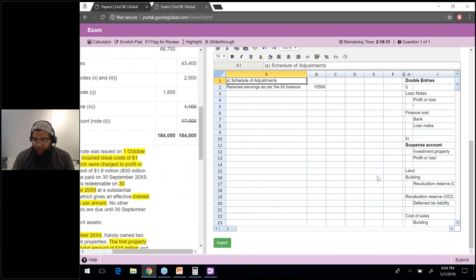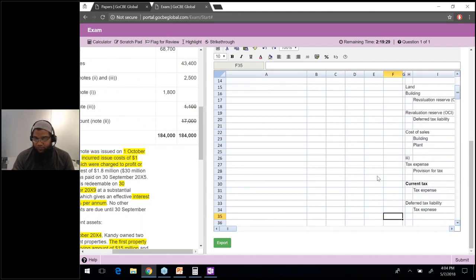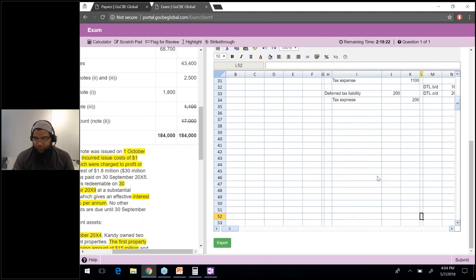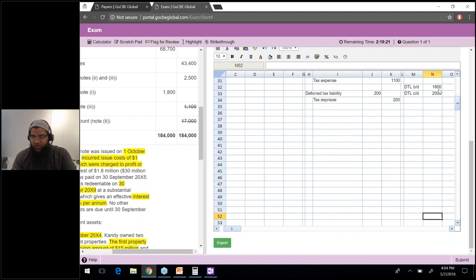So let me correct the value written in the accounting entry. The deferred tax brought down is basically 2,500. So this means the entry should be reversed. It should be tax expense debit and deferred tax liability credit by 2,500 minus 2,000.